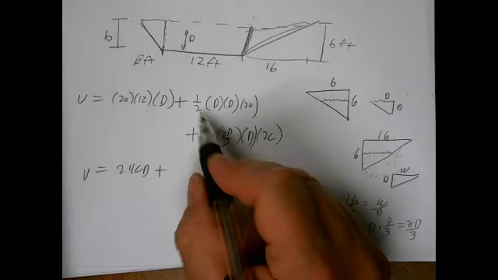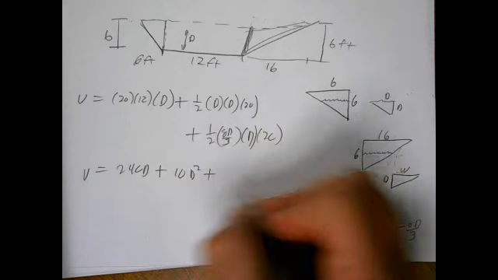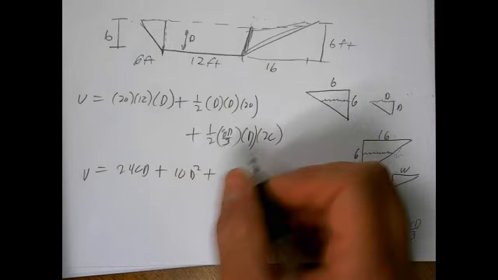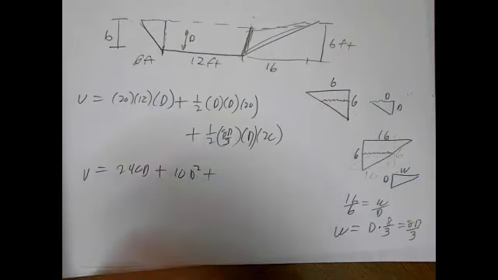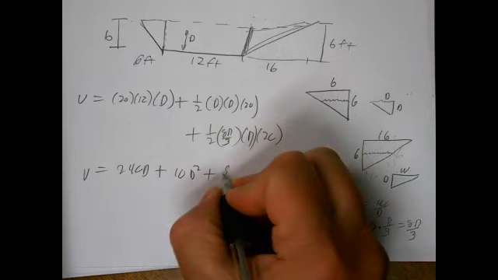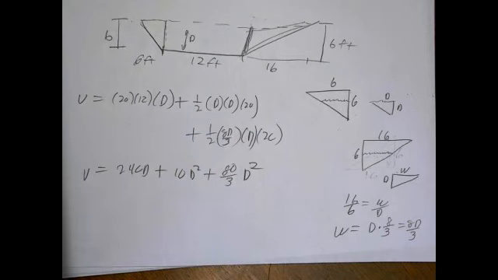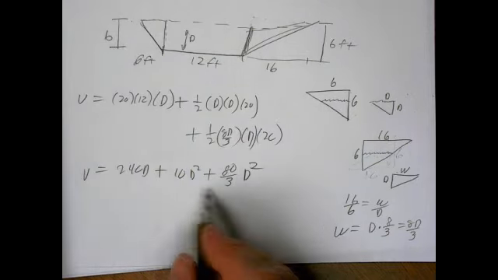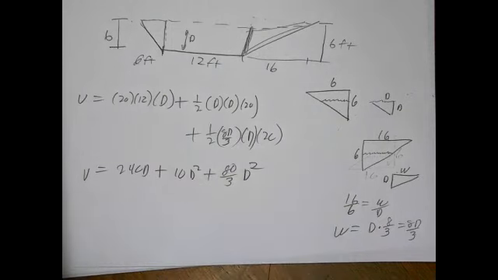Plus half times 20 is a 10 D squared, plus a half times the 20 times the 8/3 is an 80 over 3 D squared. And I can take 80 over 3 D squared and add a 10 to it.